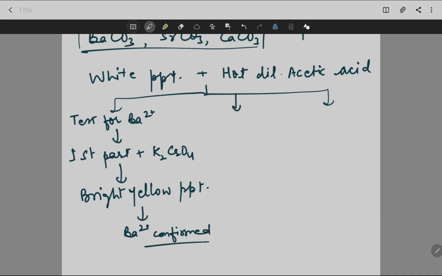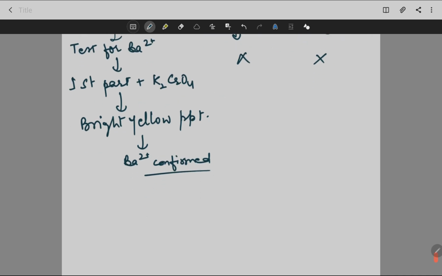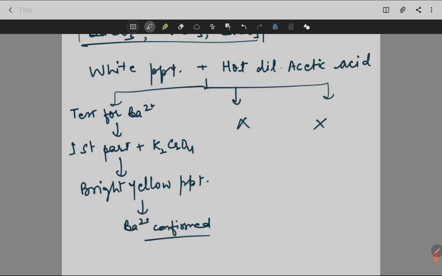If we get this, there is no need to proceed further. But if no bright yellow precipitate is obtained, then we have to move on to strontium.